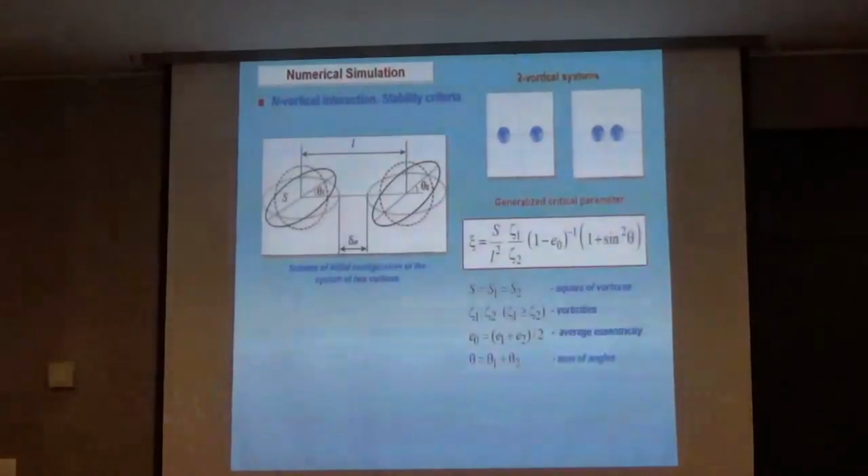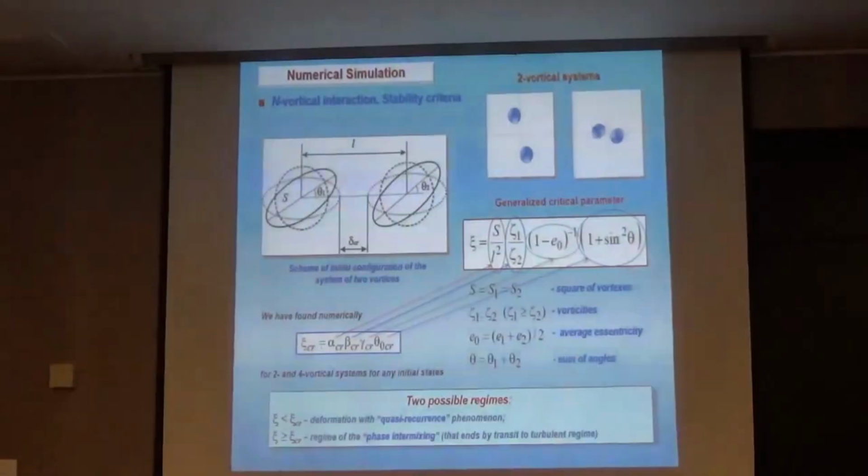We have obtained the generalized critical parameter xi and found numerically its critical value for 2 and 4 vortical systems for any initial states. We have found that two possible regimes can take place.